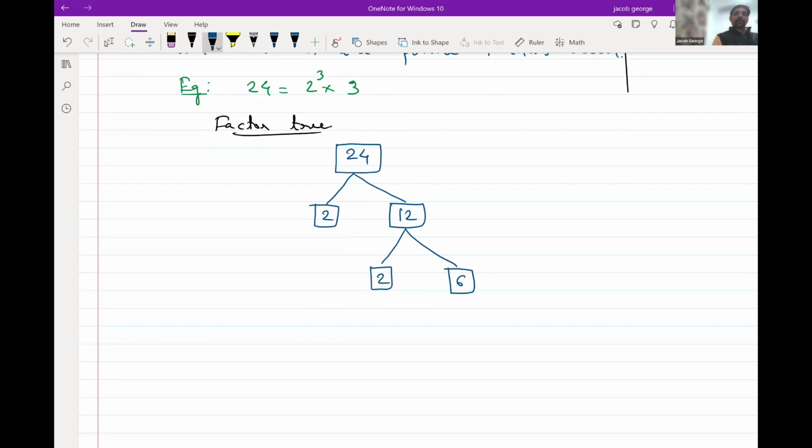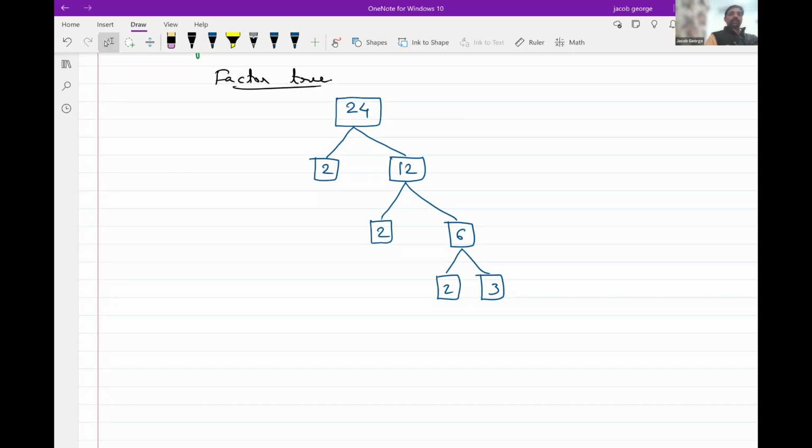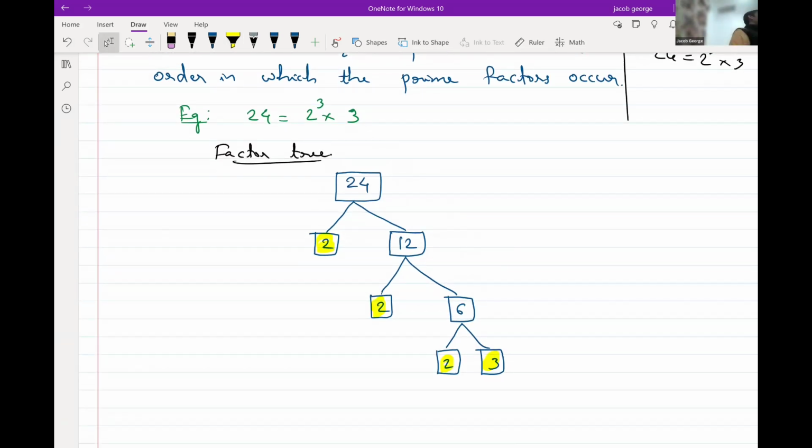Prime numbers we cannot go further, but 6 we can break. How to break 6, children? Yes, 2 times 3. So it ends here, and we take the final primes, that is 2 cube into 3. Is that clear? 2 cube into 3, yes, please note down.